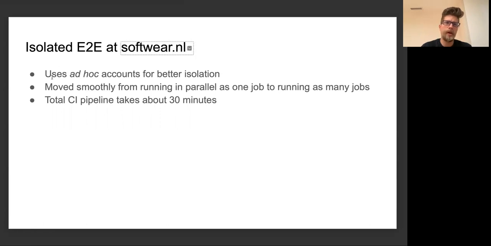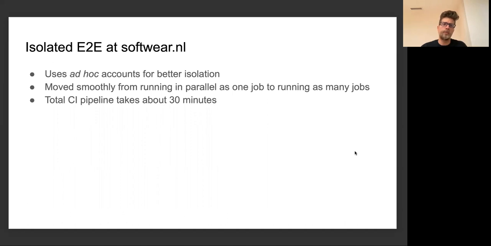Summarizing how we are running E2E at Softwear now. We are using these ad hoc accounts for better isolation. We had been running tests in parallel in one job, and then we moved to running many jobs with the same tests.